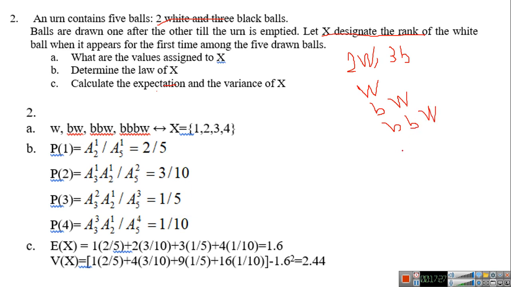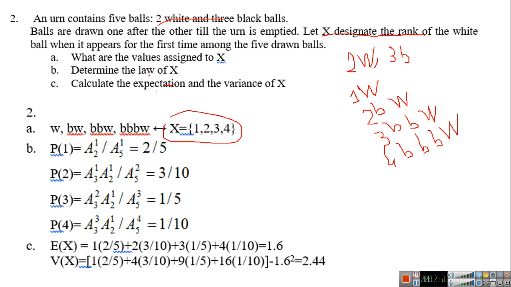Another, B, B, B, white. Do you have other choices of position of white? Certainly no. Either it's in the first position, or second, or third, or fourth. So what are the possible values of the random variable? It's 1, 2, 3, or 4.